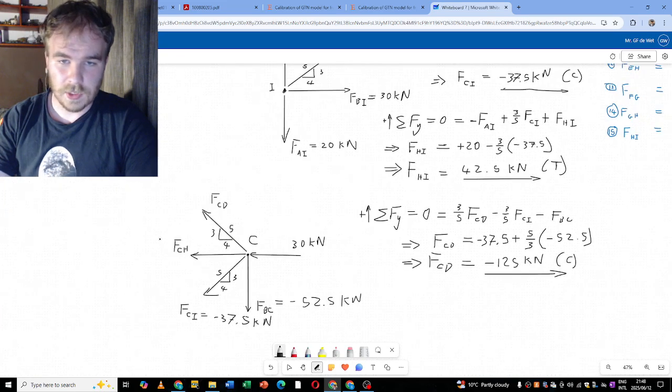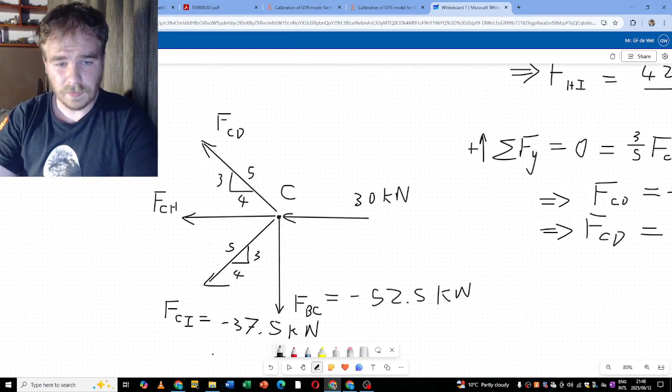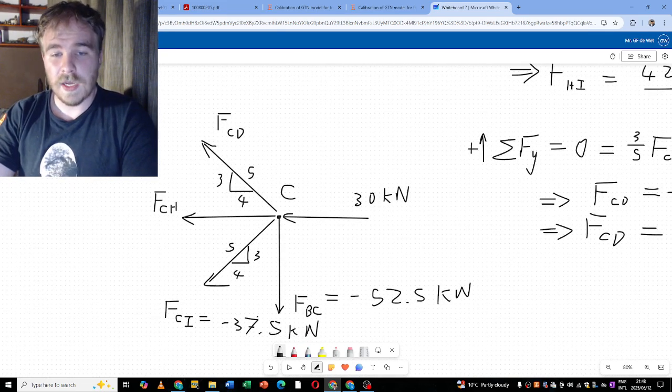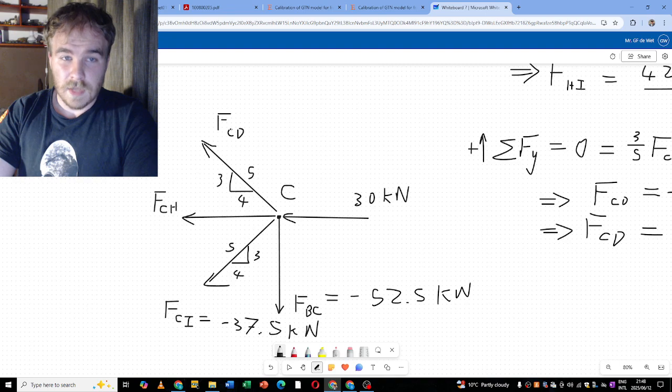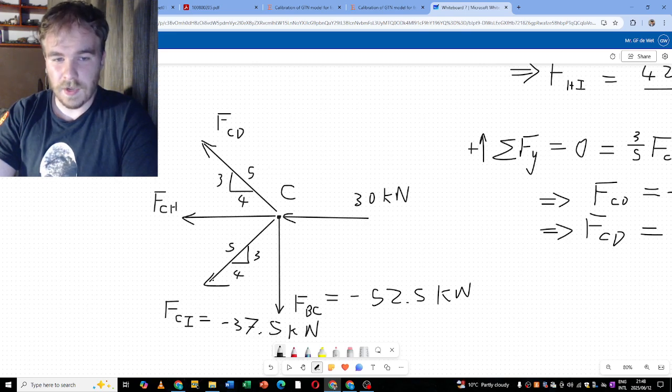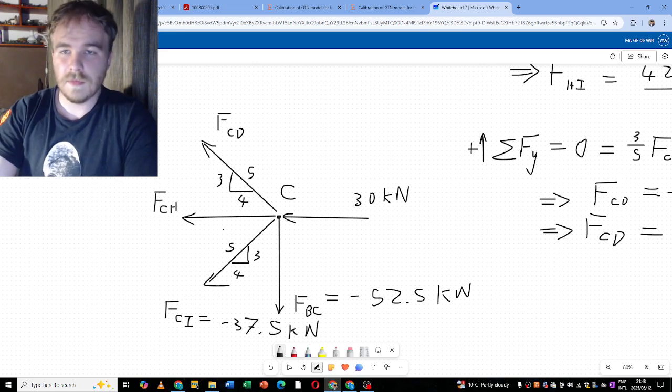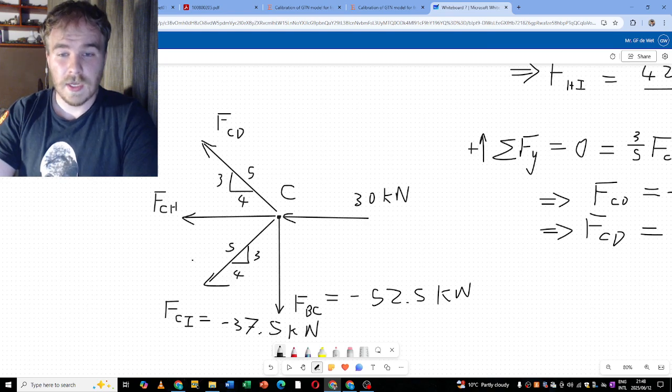Now, quickly go check if this makes sense. FCI and FBC are both in the wrong direction, so they're actually both pushing upwards. That means that FCD cannot be in the positive, cannot be in tension. It needs to push downwards to counter those two forces.